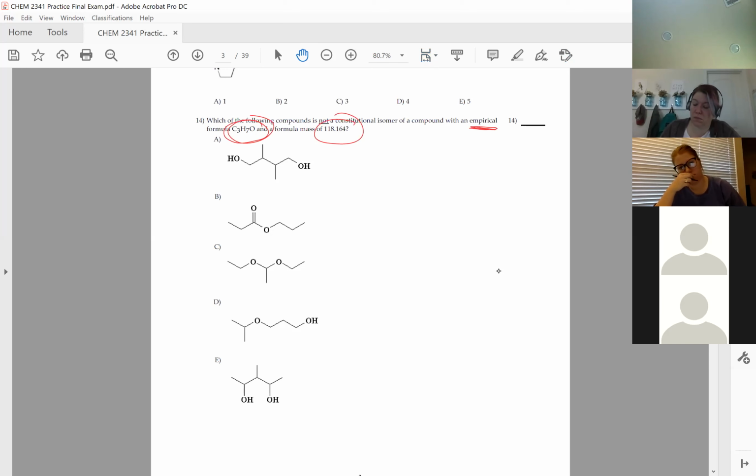Although I'll give you a hint. All of these have 2 oxygens in them, right? So you're going to have to double it. So what would be the formula doubled? C6H14O2.